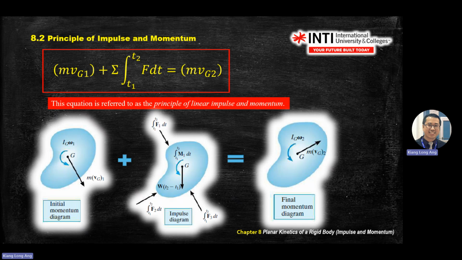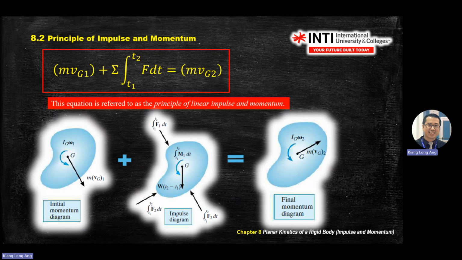For example, here you include I omega and the velocity at the center of mass, plus the impulse, which can be in or out. This one has three forces. As long as you have forces, it will create impulse.